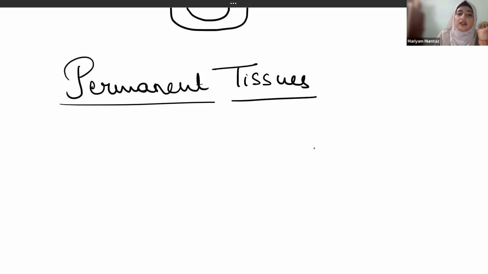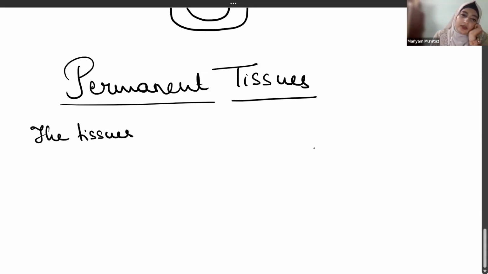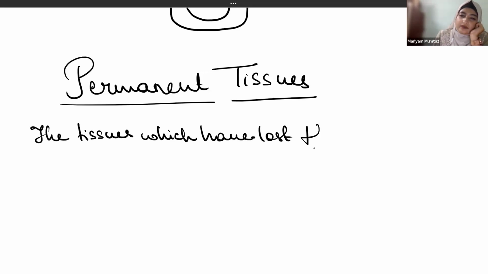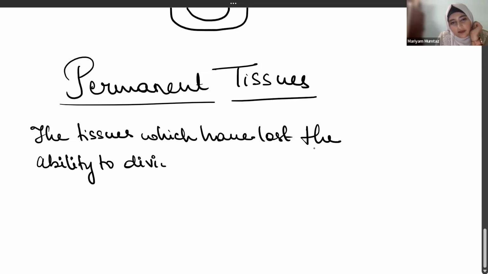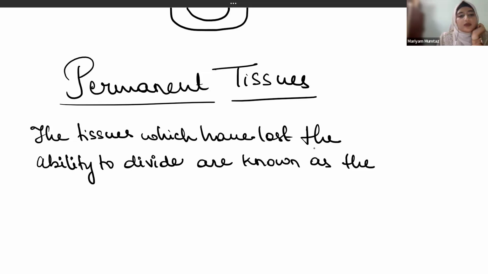So you can write under the permanent tissues: the tissues which have lost the ability to divide are known as the permanent tissues.